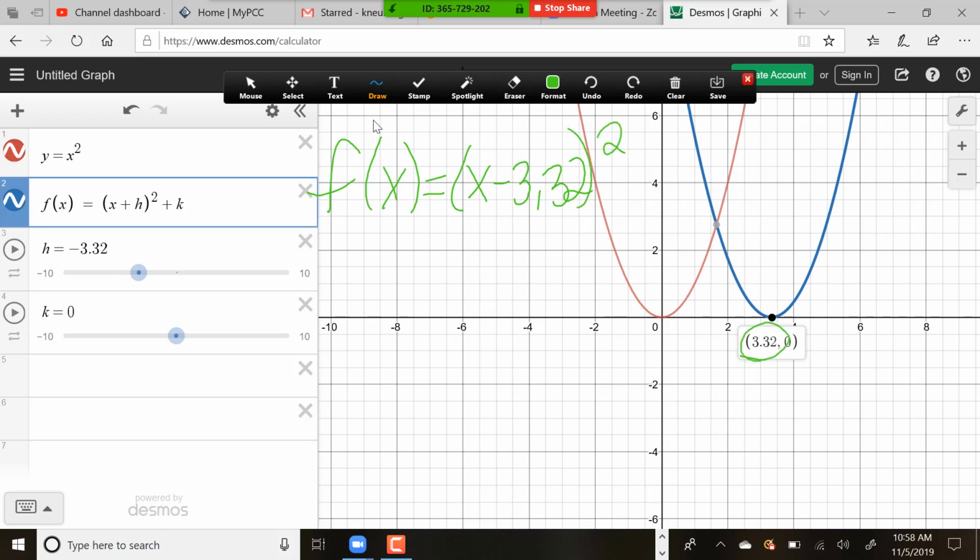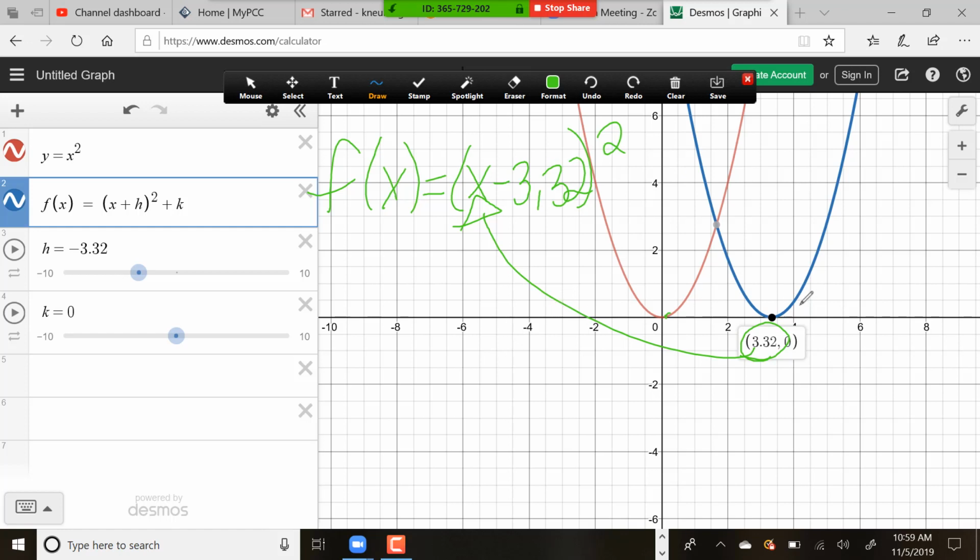If I were to plug this x coordinate where our vertex, the bottom of our graph, moved to, into this equation right here, I would get 0. Now, when you have things inside the function, like the h's, it's always kind of doing the opposite of what you think is going to happen. So a minus, you would think, should move it way over here, but it didn't.